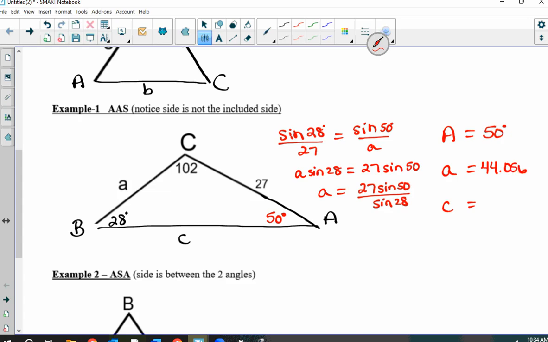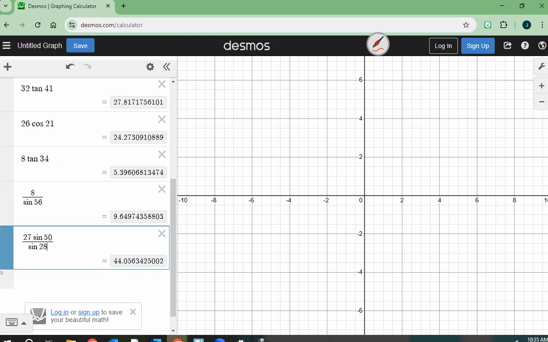So if you were going to set up the ratio to find side C, I'd be doing sine of 28 over 27. Go back to the stuff you know. And this time I'm going to set up sine of 102 over C. So if I pull up my Desmos equation again, all you have to change is the 50.